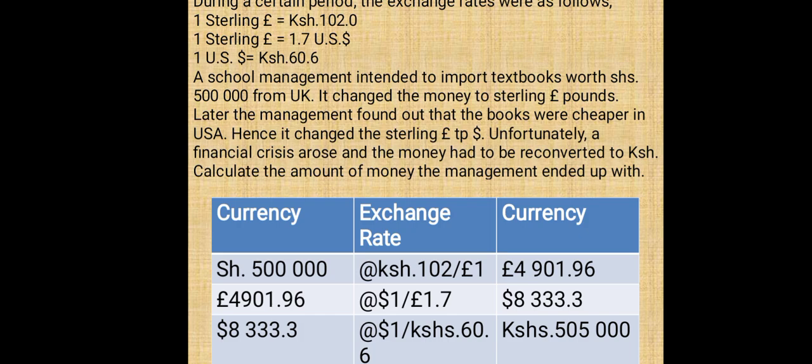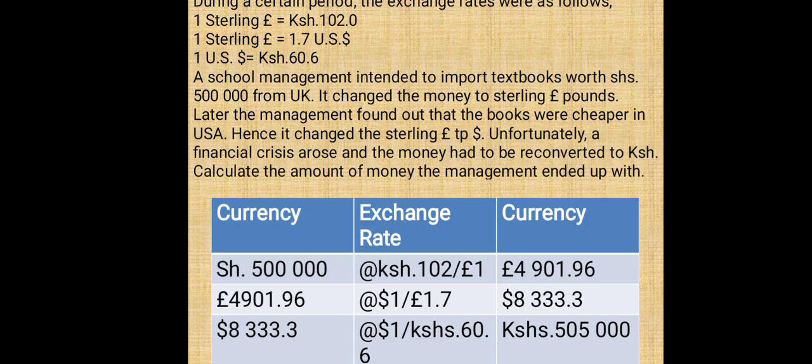During a certain period, the exchange rates were as follows: one sterling pound to 102 Kenyan shillings, one sterling pound to 1.5 US dollars, one US dollar to 60.6 Kenyan shillings. A school management intended to import textbooks worth 50 thousand from UK.